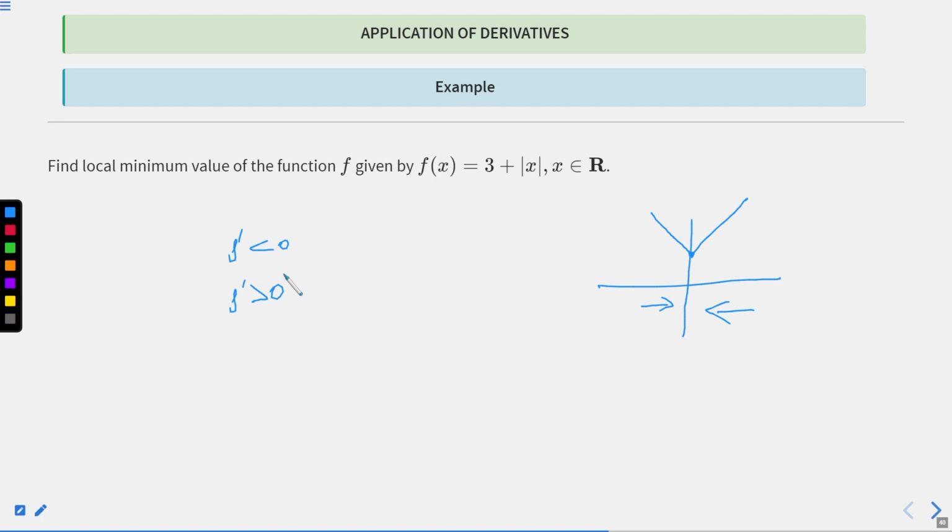So this means the sign is negative to positive. This means decreasing to increasing. In this way, this point f of 0 will be your minimum point, local minimum. Clear? Local minimum. I hope it is clear to you.